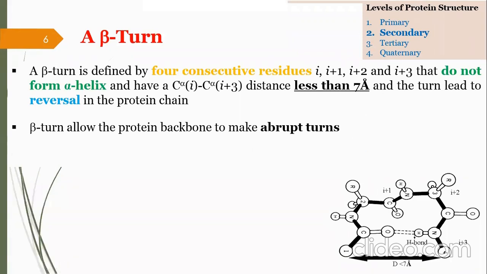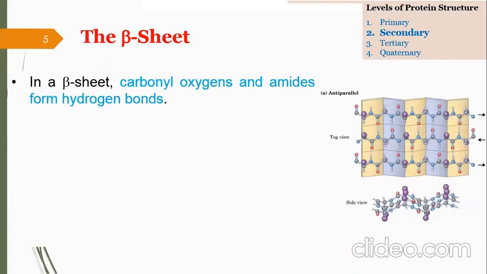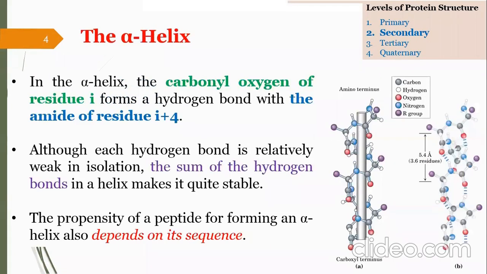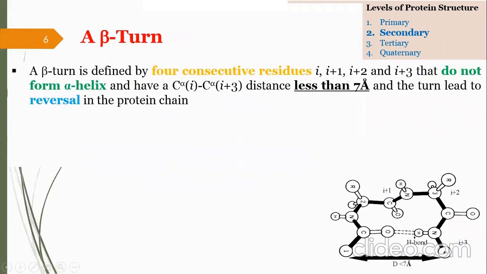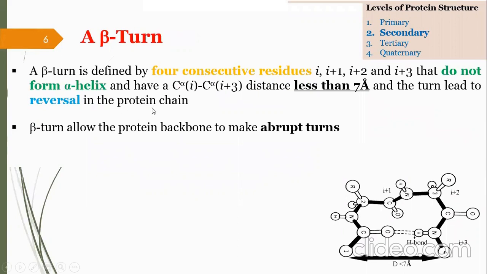देखें अल्फा हेलिक्स में क्या था, that is, if you can see here, that is the bonding between I and I plus 4. So I plus 4 is the 5th residue, and here the bonding between I and I plus 3, that one is the 4th residue.